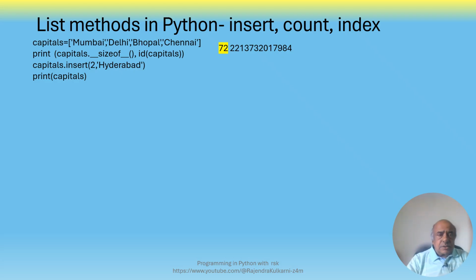Then we insert Hyderabad at index 2 of the list capitals by using the dot insert method, and when we print the capitals again, we see Hyderabad included in the list at the location having index 2.